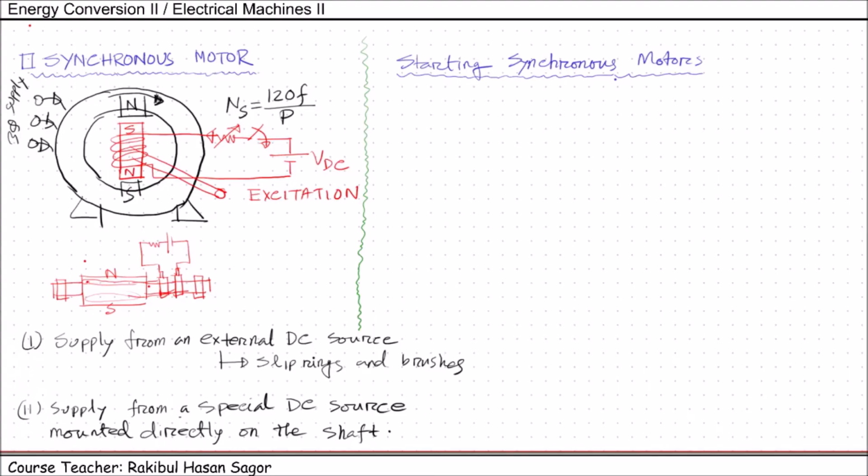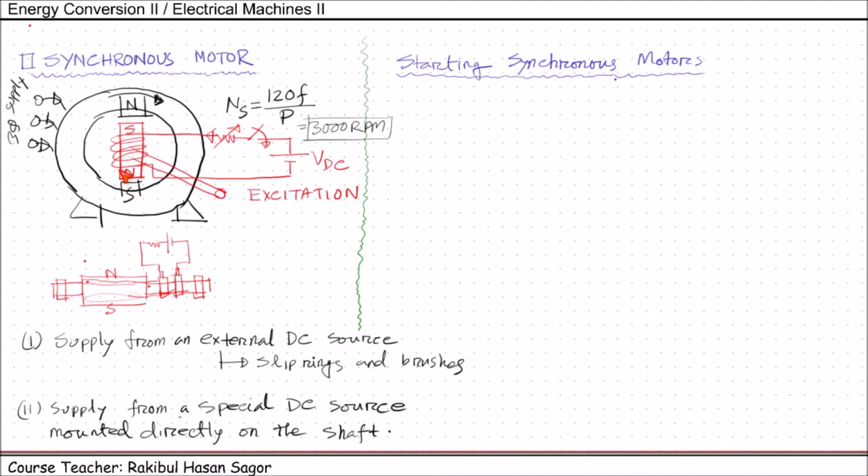For example, if we have a 2 pole per phase case and 50 Hz supply, then the speed of the rotating magnetic field will be 3000 rpm. This is for a particular case. Now, the rotor is at a stationary condition and the rotating magnetic field is rotating at a speed of 3000 rpm.